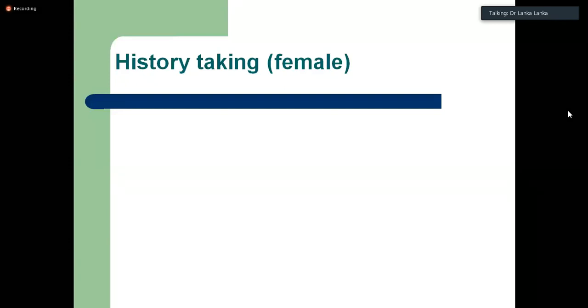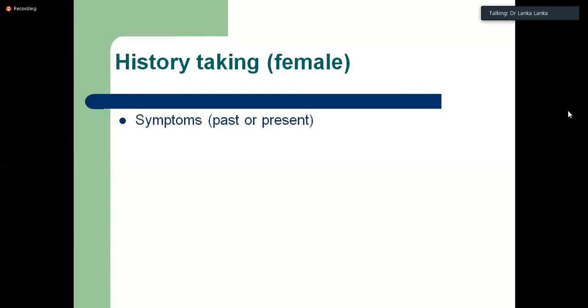If they want treatment 1 year later, or if they already have a problem, then you have to start treating them. History taking is very important. You have to take history from both the female partner and the male partner.